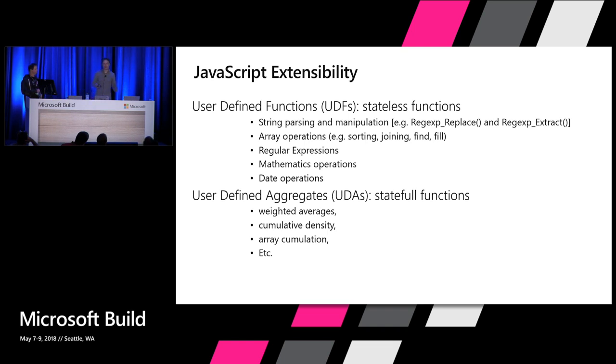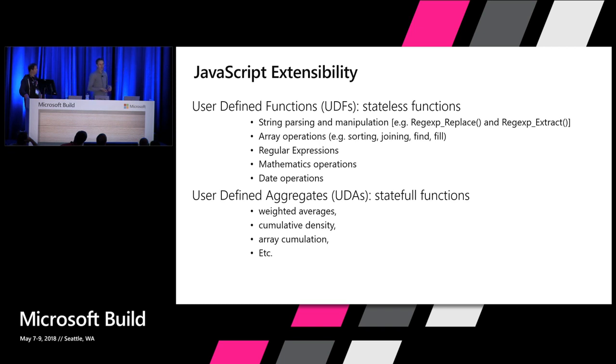Basically, you can just run JavaScript. And we also have UDAs, which are user-defined aggregates. These are stateful, so you can actually run your custom aggregate. Instead of having average or count, you can have a weighted average, a cumulative density, array accumulation. That's basically your own count of something over the time windows. So you have full flexibility to define your own aggregates. So that was last year.